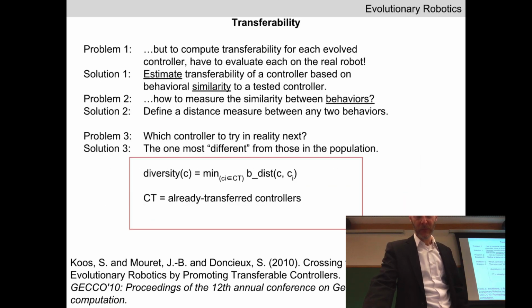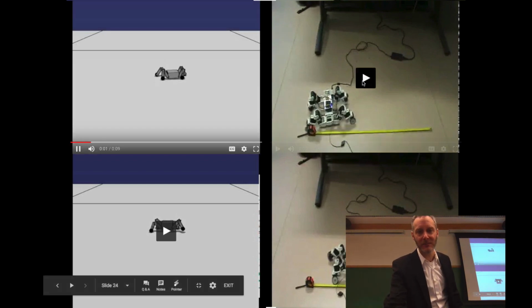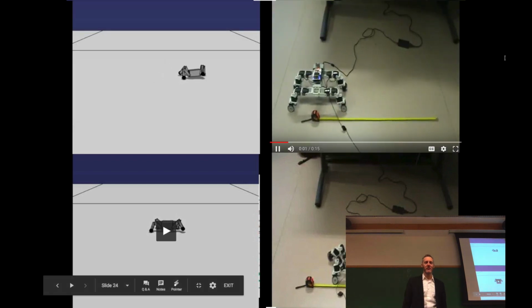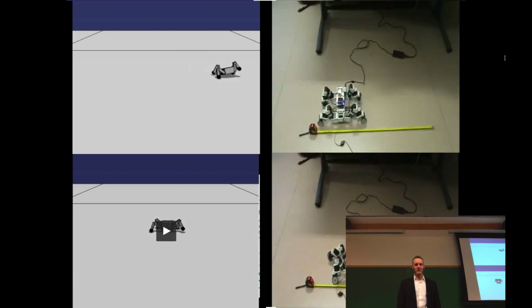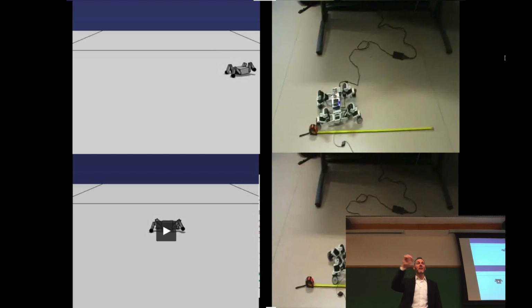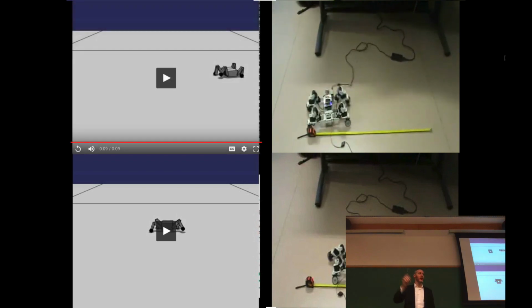Okay. So right, we want to send the one that's most different from the population. Okay, so top pair of images, as we've already seen, is the first one that was sent across, which fails miserably in crossing the reality gap. Right? So they went back and forth, like in the Resilient Machines project. They evolved controllers.